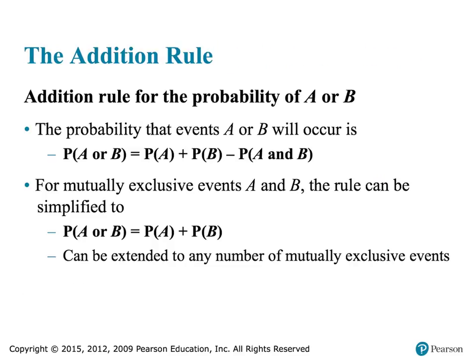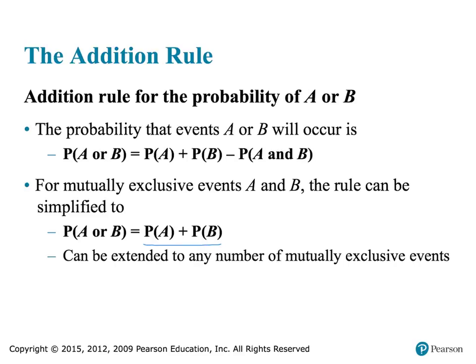Now, when events are mutually exclusive, we can find the probability of event A or event B occurring by merely adding their probabilities together.